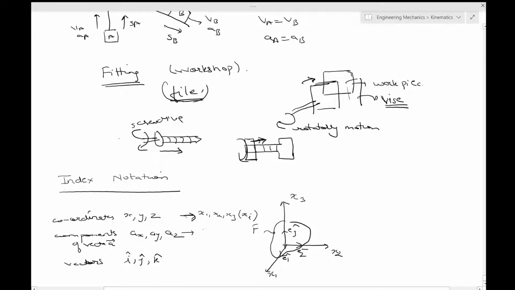You can also write this as ai, where i will go from 1 to 3. You can also write it as ei hat, where i goes from 1 to 3.